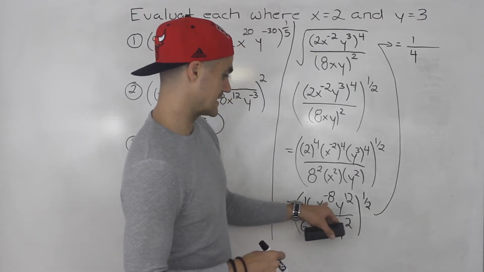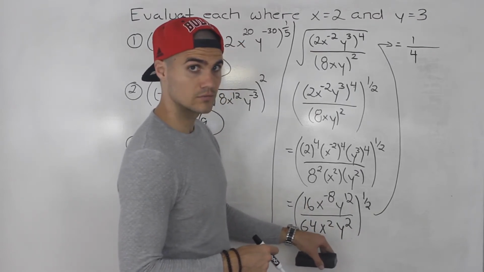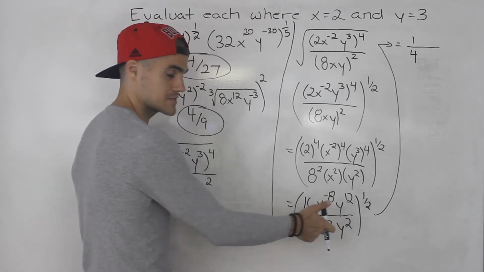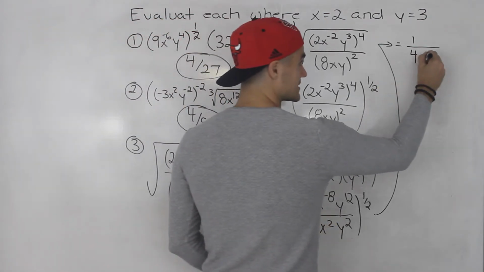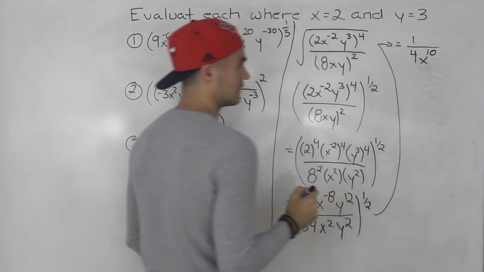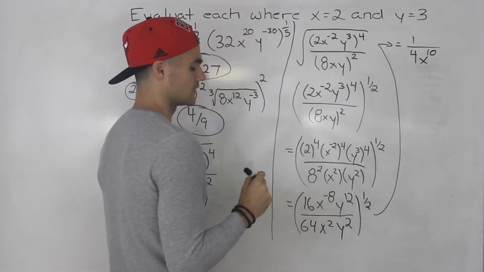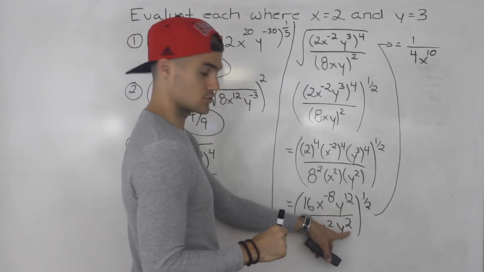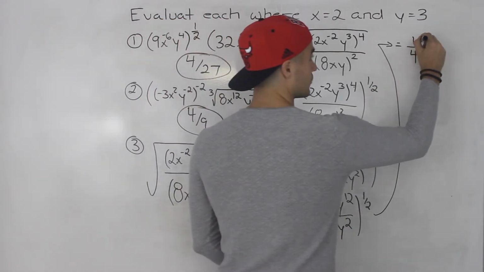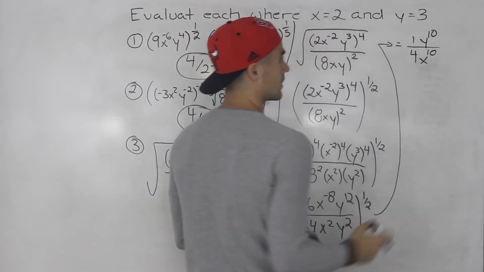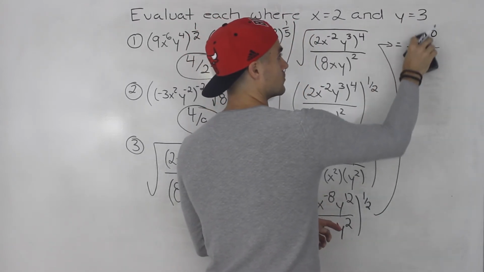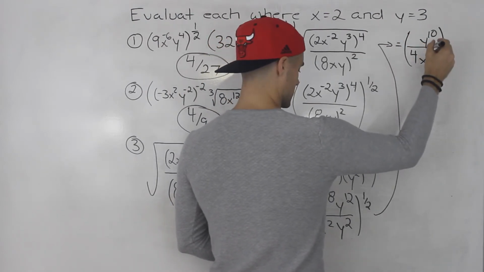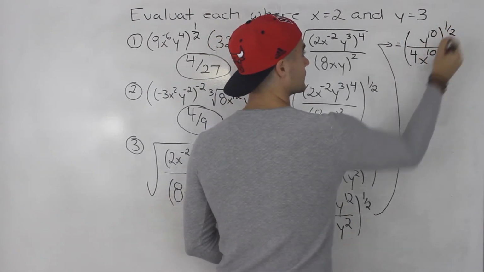So this x to the negative 8 comes down and changes to x to the power positive 8, and then you have x squared times x to the 8, so that would give you x to the 10 in the denominator. And then you have 12 y's up top, 2 y's at the bottom, so you end up with 10 y's up top. So you don't have to put that 1 there. And then that's still going to be all to the power of 1 over 2.